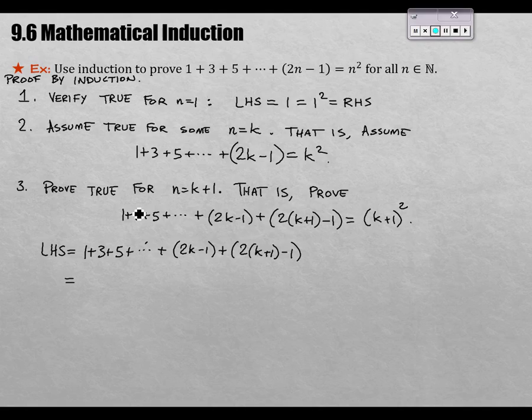This is not an equality yet, so you can't start subtracting things on both sides, because we haven't established it. So I'm going to work with the left-hand side, just like I would have had you do with trig identities. Take the left-hand side and do stuff to it until we get the right-hand side. That's the way to prove it.